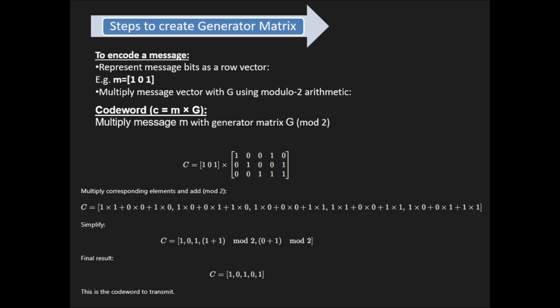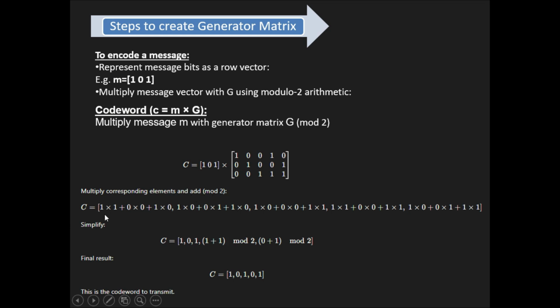Now we have to understand multiplying the message with the generator matrix. C equals 101 cross, meaning multiply, with this 5-column generator matrix: multiply corresponding elements and add mod 2. So you have to add mod 2.